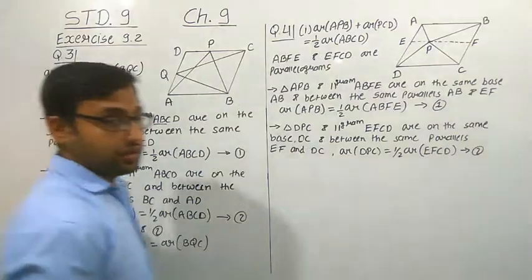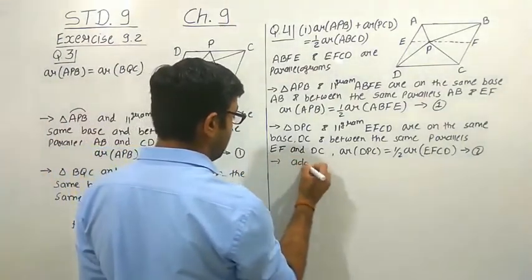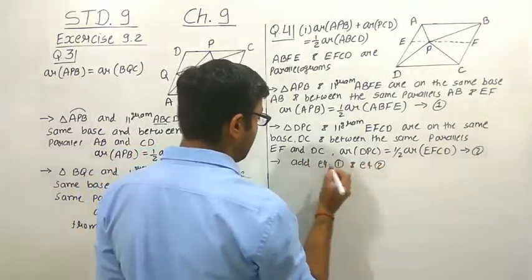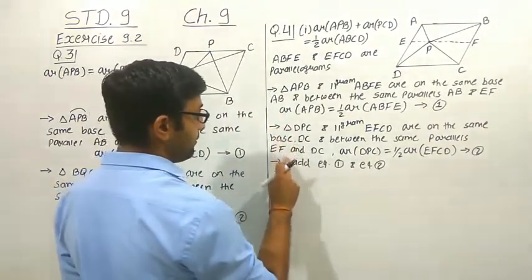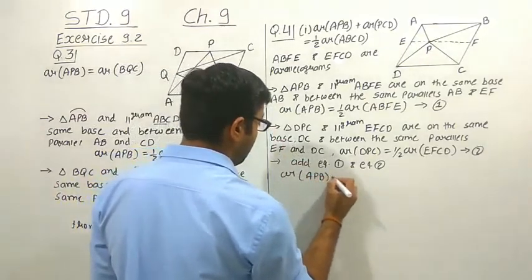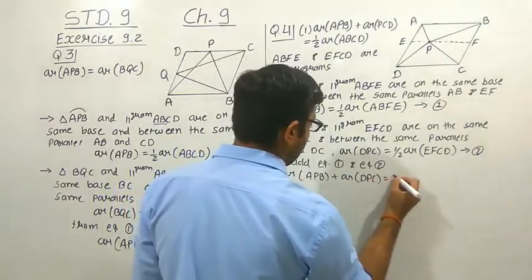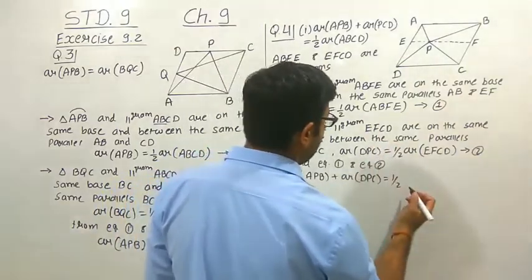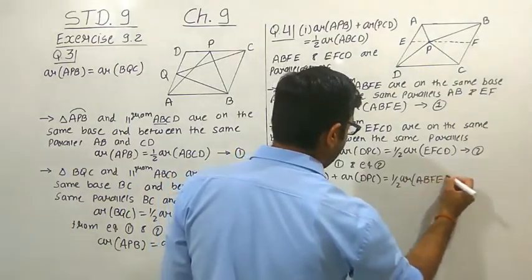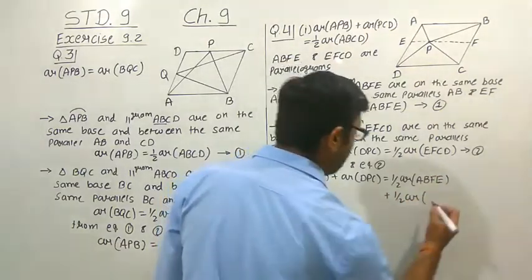Now if we add both these equations, equation number 1 and equation number 2, left hand side is added with the left hand side. So area of APB plus area of DPC. Here we get 1/2 the area of ABFE plus 1/2 area of EFCD.